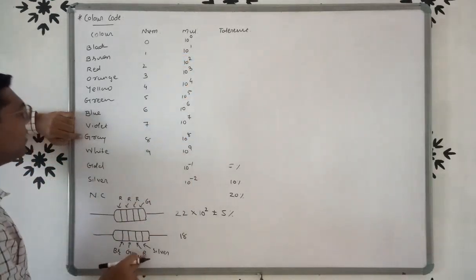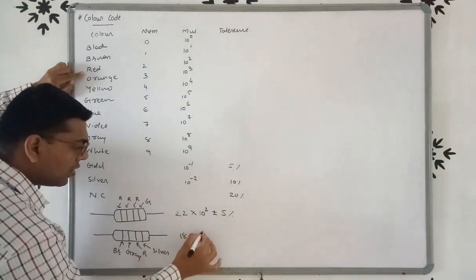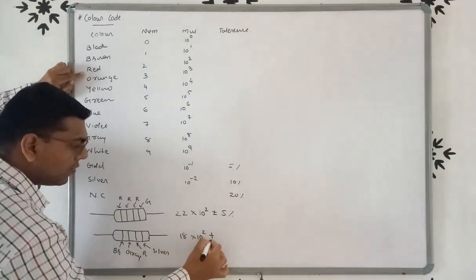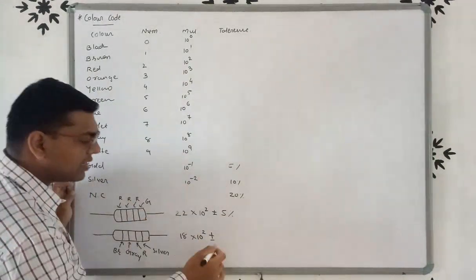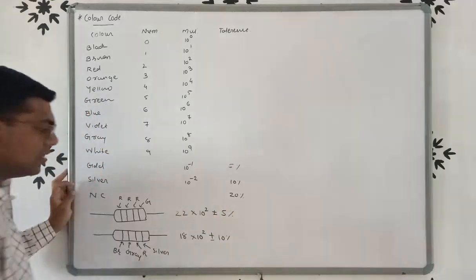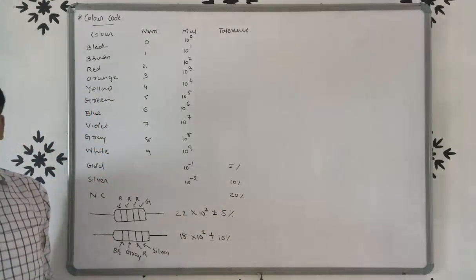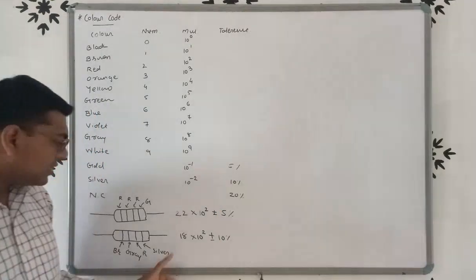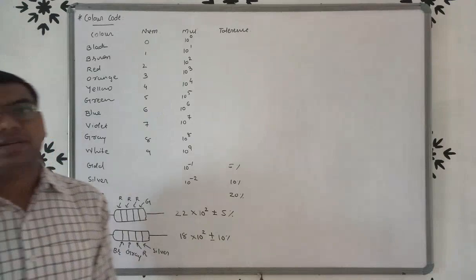The multiplier of red color is 10 raised to 2. For the fourth one we have to write the tolerance of silver, which is 10%. So if the colors are brown, grey, red and silver, then the value of resistance is 18 into 10 raised to 2 plus or minus 10%.